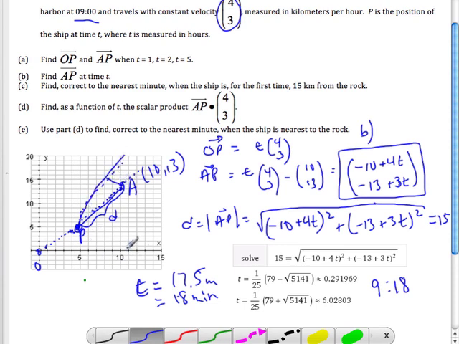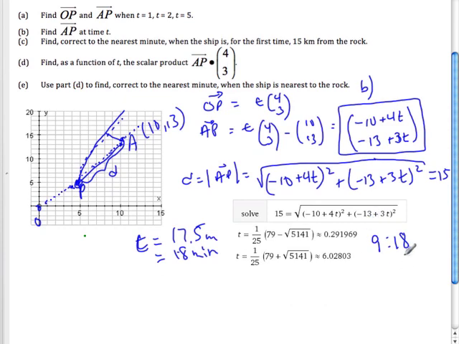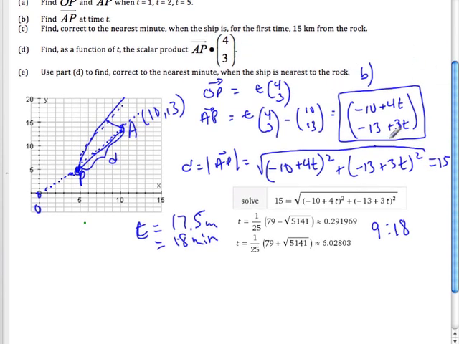Okay, so that is the C part. The D part says find as a function of t the scalar product of those two. So I take this vector AP, which is (-10 + 4t, -13 + 3t), and I'm going to take the dot product, or scalar product, with the vector (4, 3).